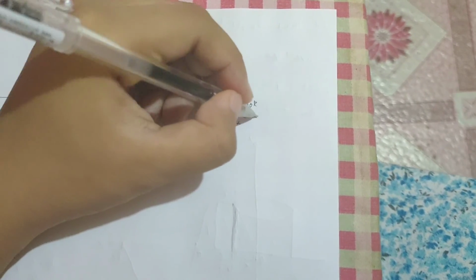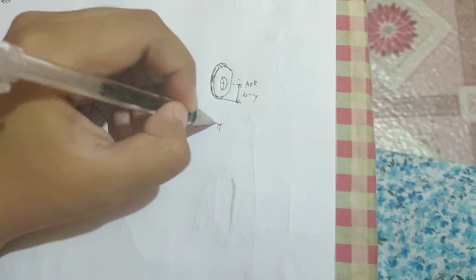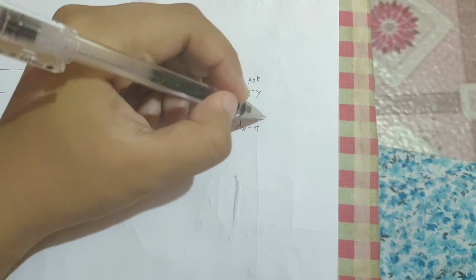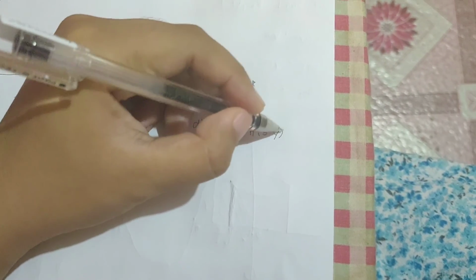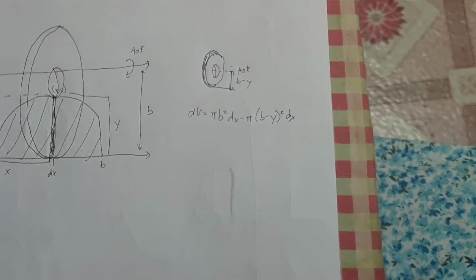To solve, dV equals pi b squared dx minus pi b minus y squared dx. That's it.